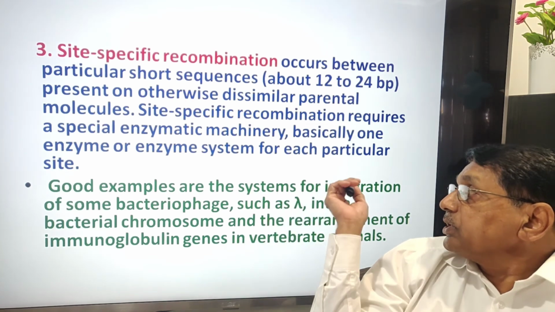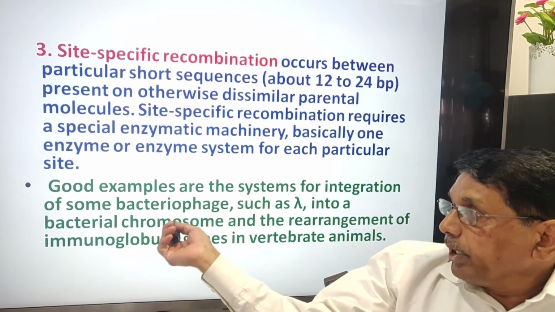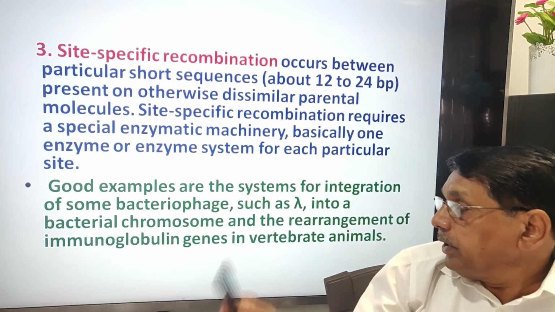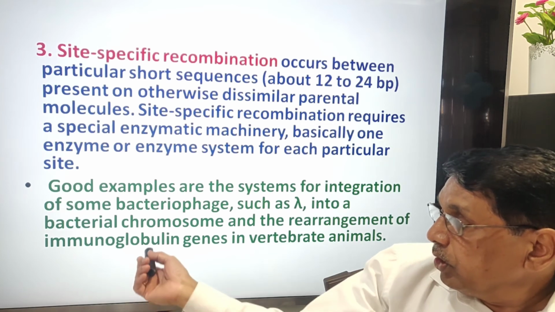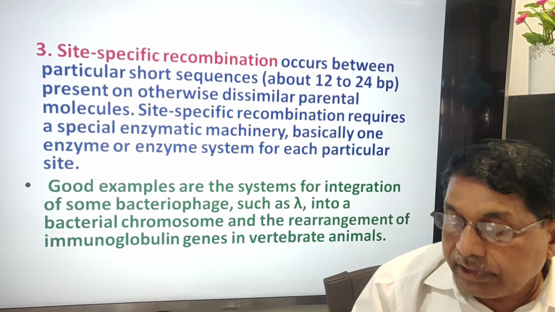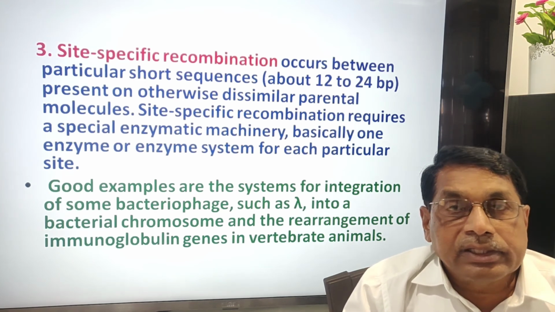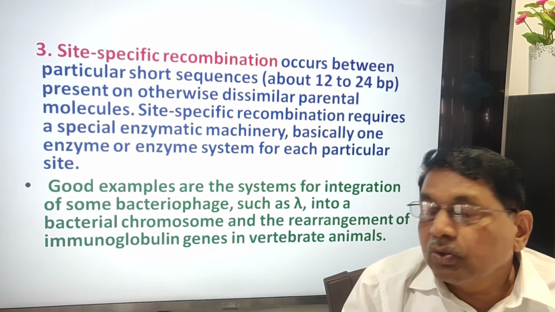Good examples are integration of bacteriophage such as lambda into the bacterial chromosome, and rearrangement of immunoglobulin genes in vertebrate animals. These are two examples: lambda phage in bacteria, and immunoglobulin genes.